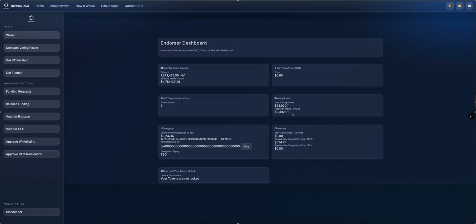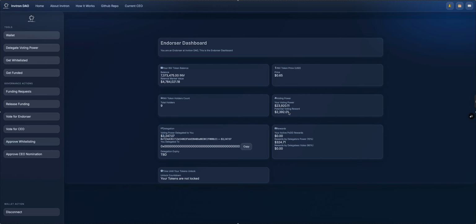If this project succeeded, I will have also, by the way, $3,247 from the delegation. So I will use the delegation vote also along with my vote. This is my accumulated voting power now because I was delegated some voting power from someone else, as you can see here, right? So the total will be around $27,000 for my voting power, okay?